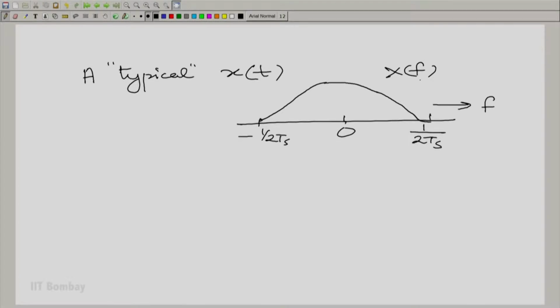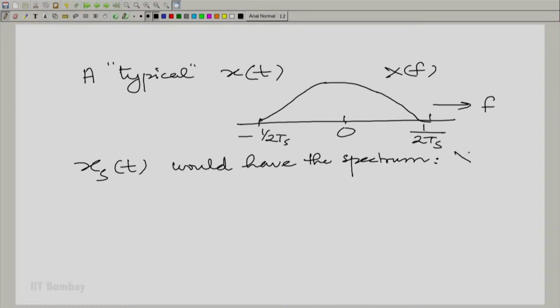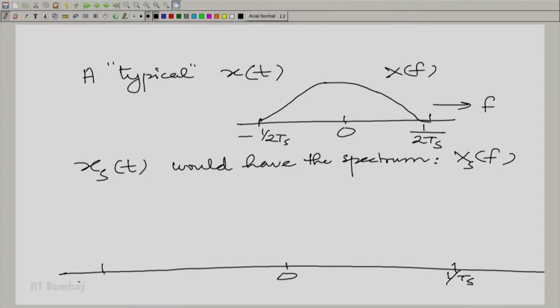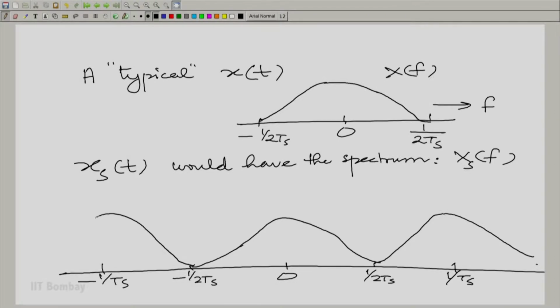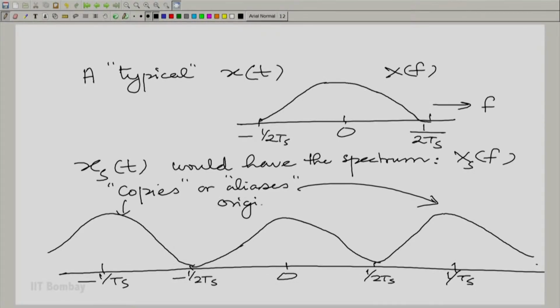So, I am showing its Fourier transform in the cycles per second domain. What would happen after sampling? Let us call the spectrum of the sampled signal X_S(f). You have the original spectrum and its copies. Remember, we gave a name to these copies, we call them aliases.